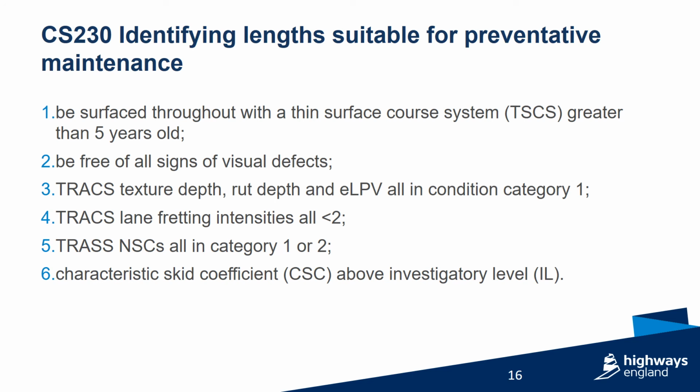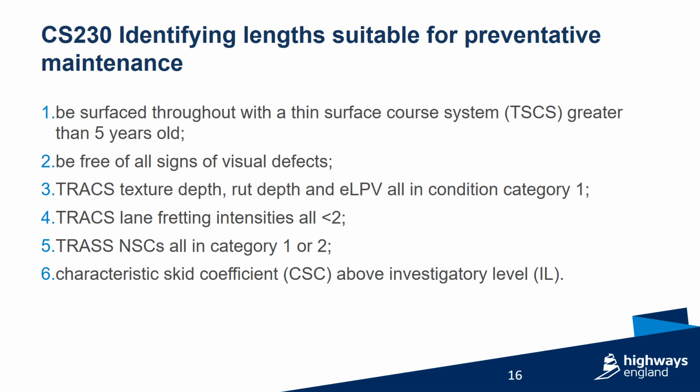CS230 sets 6 requirements that need to exist for a pavement length to warrant further investigation for its suitability for preventative maintenance treatment. All 6 requirements must exist throughout the length. These are that the surface type shall be a thin surface course system and that it shall be more than 5 years old. It shall be free from all signs of visual defect.